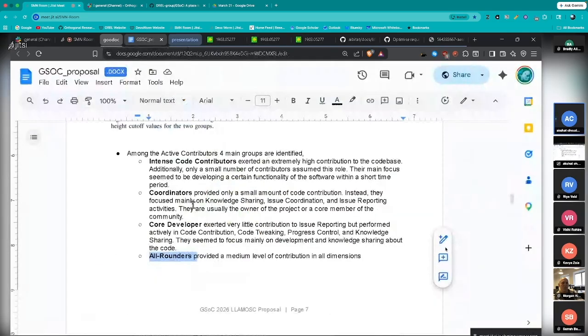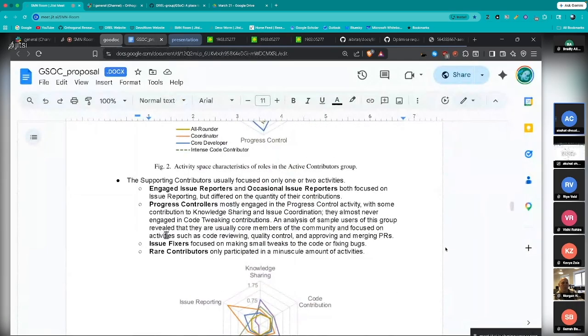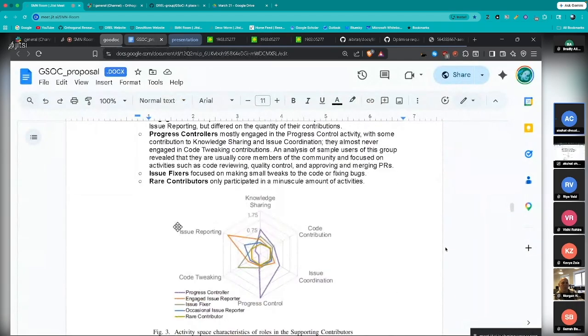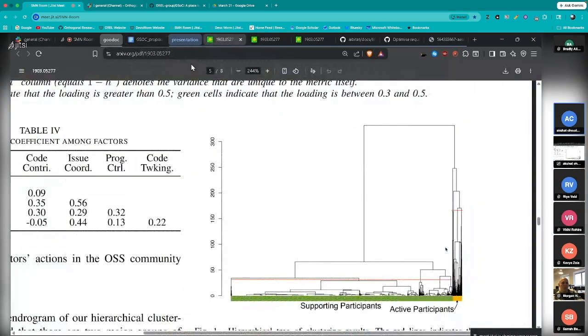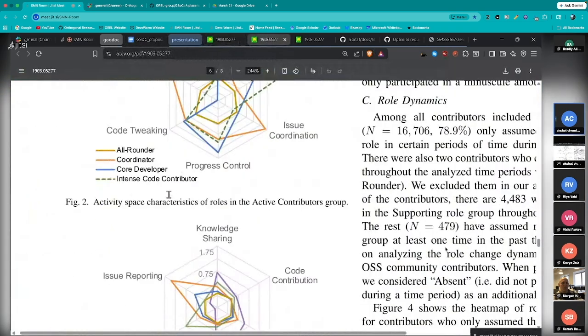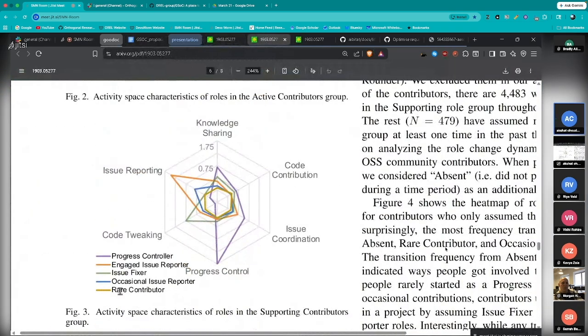And similarly, the contributors can also be assigned into 6 different roles. Now, I think only one group stands out here the most. Those are the rare contributors. These are the majority, and they provide the least value. As we can see, almost everywhere they have the lowest distance from the center. And we have some specialized supporting contributors.